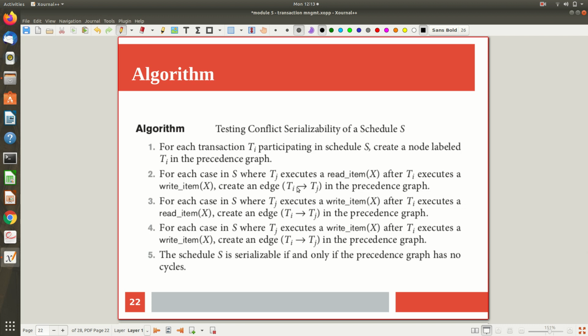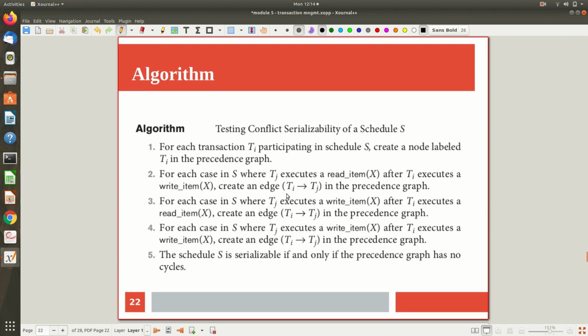So the vertices are nothing but the transactions of the given schedule, and edges go, say, from Ti to Tj, provided I have a conflicting operation in Ti, and that operation is conflicting with another operation in Tj following Ti's operation.